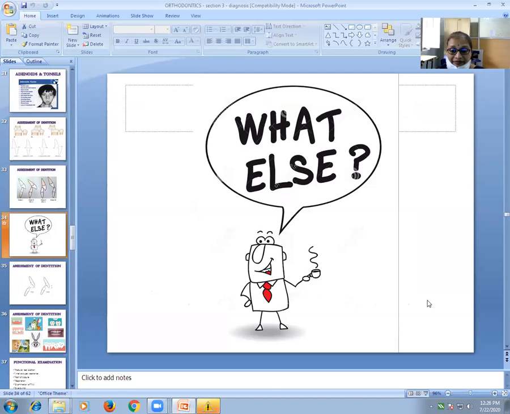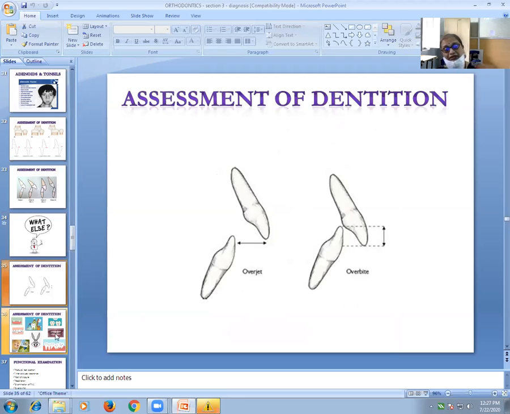Any guess? Note down this question. Is there any other teeth we can consider for deciding the class, or any other classification? We'll have to find out the classification.